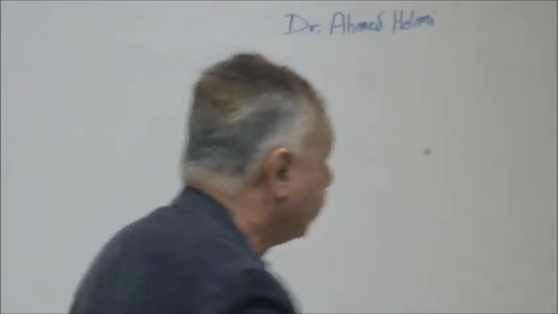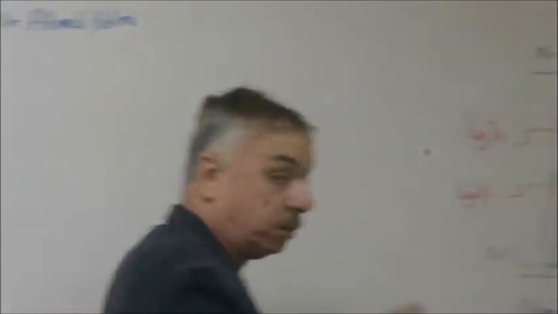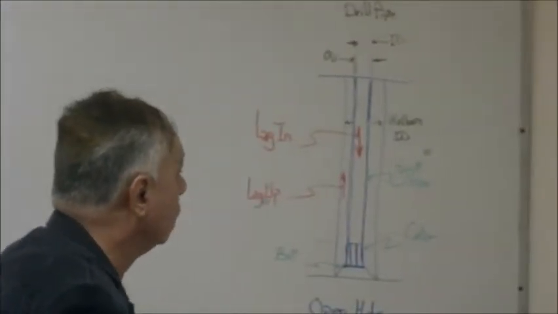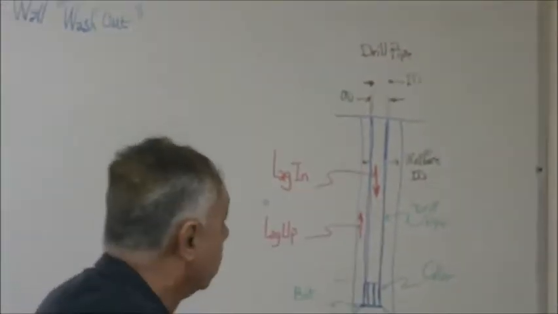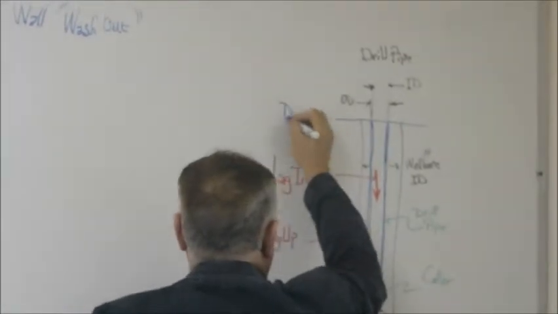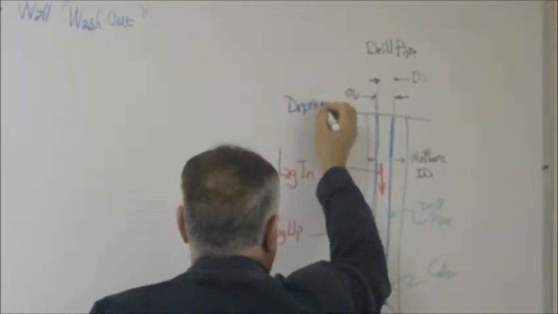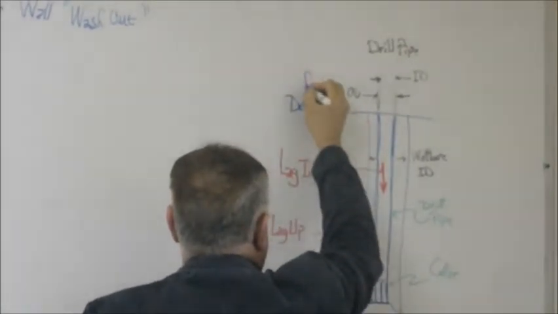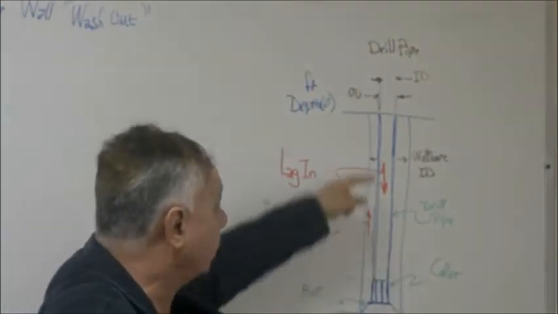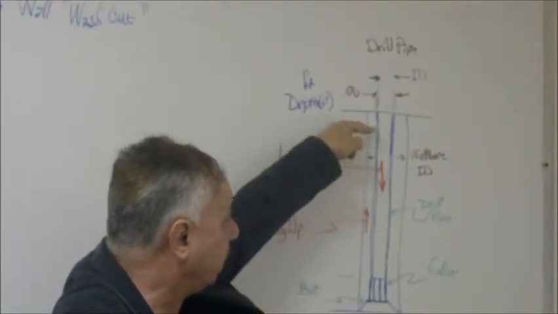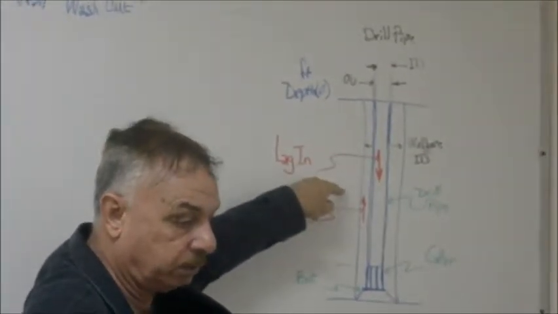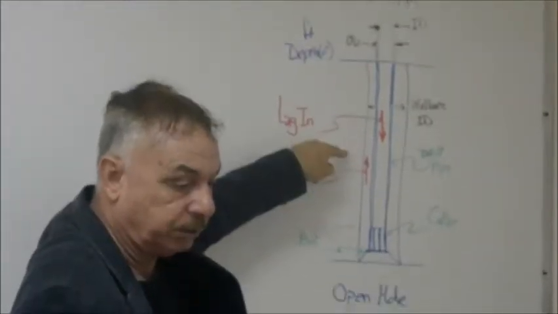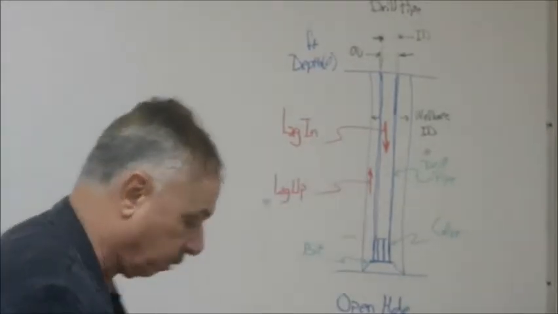For example, here in this drawing, we'll see that this is a surface, zero depth. The time that the mud takes between any two points throughout this depth, you can call it lag time.